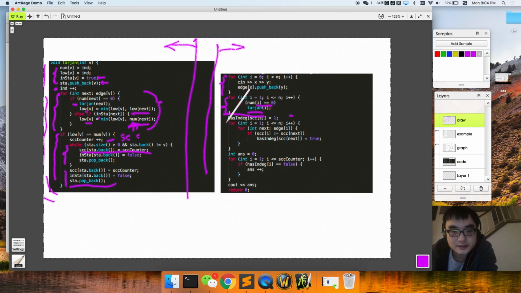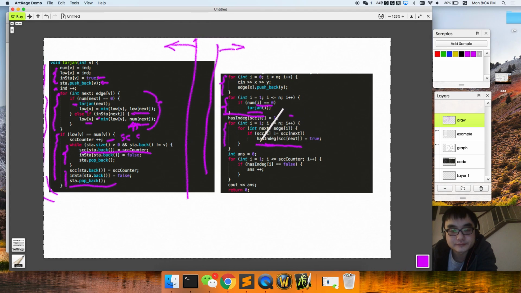So this part is where we iterate over all of those paths, and we iterate over all of those out degrees for each node, and make the flag true if this SCC has an in degree.